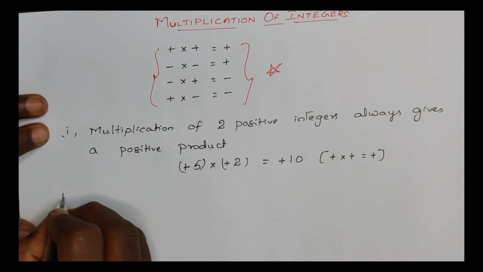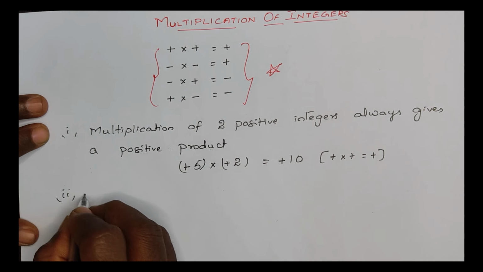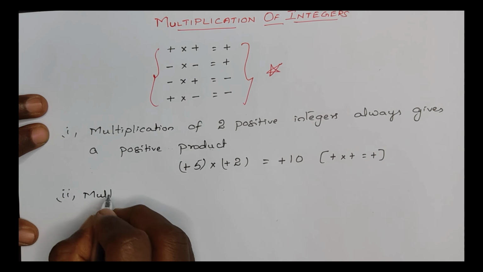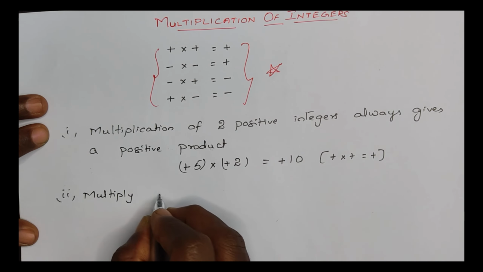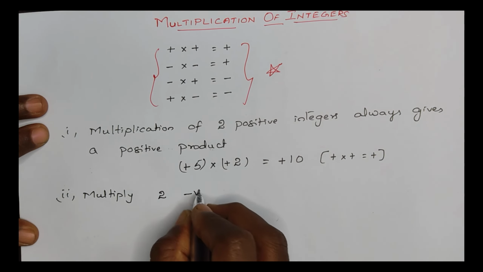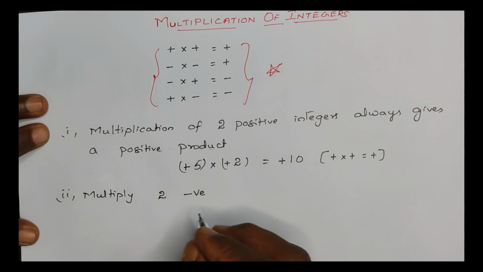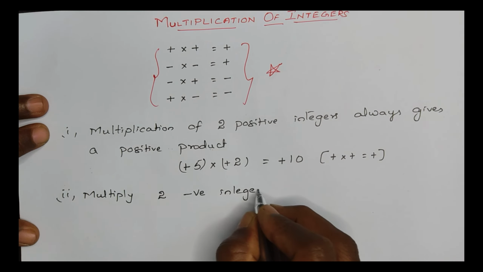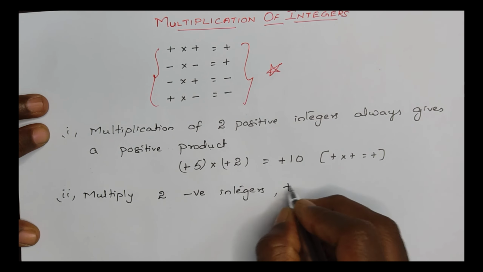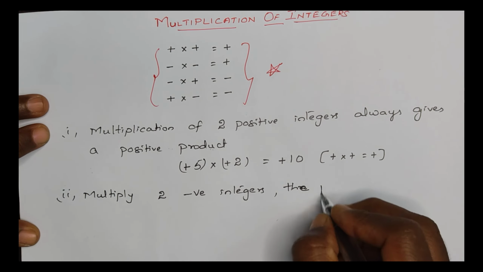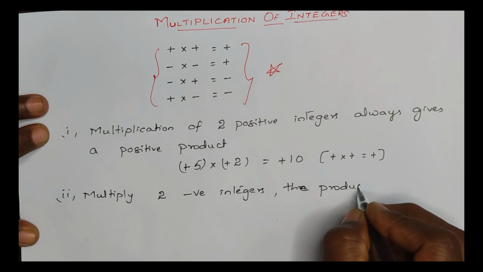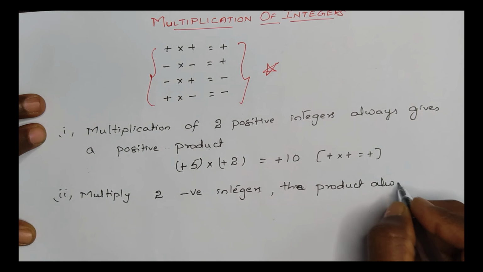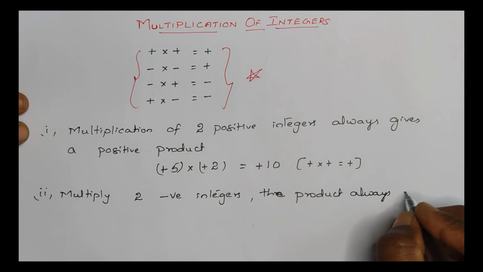Okay, the second condition is when we multiply two negative integers. Negative we can give in the short form with this symbol. The product is always positive.